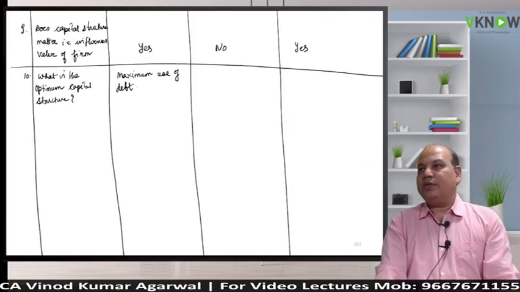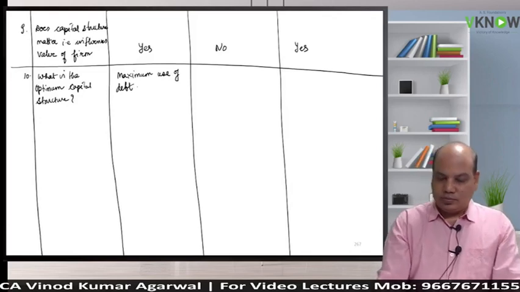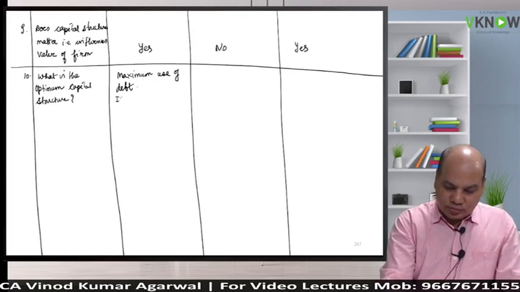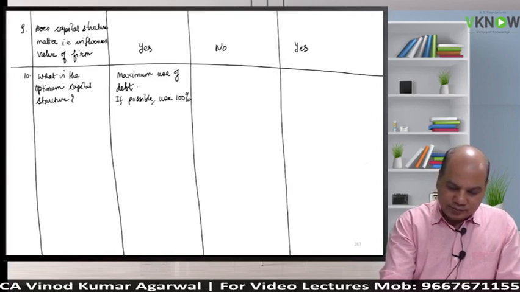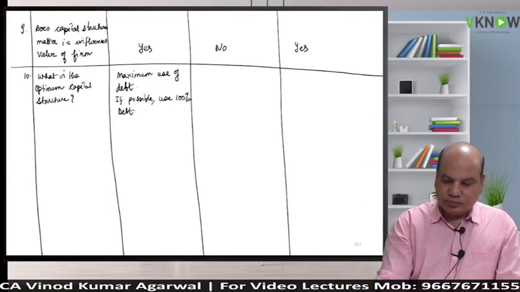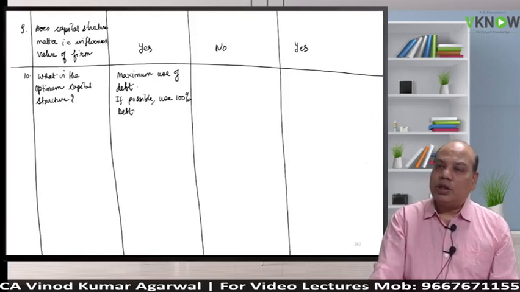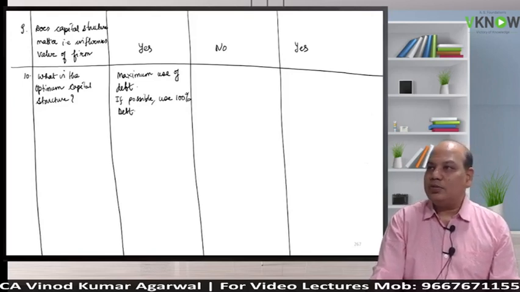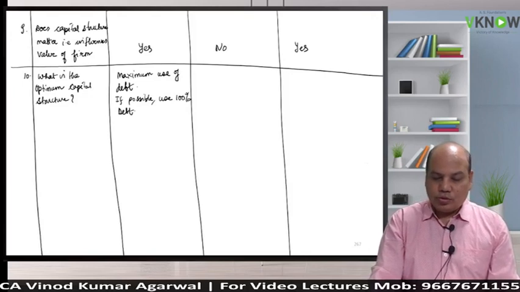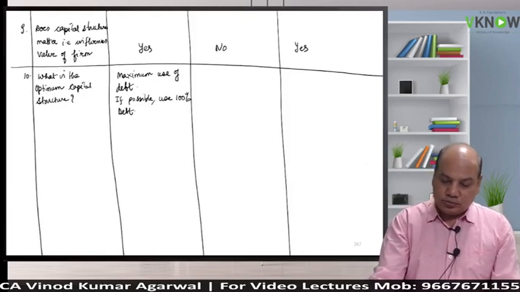If possible, use 100% debt. If possible, use 100% or whatever maximum debt is possible, you will use to maximize the value of the firm.